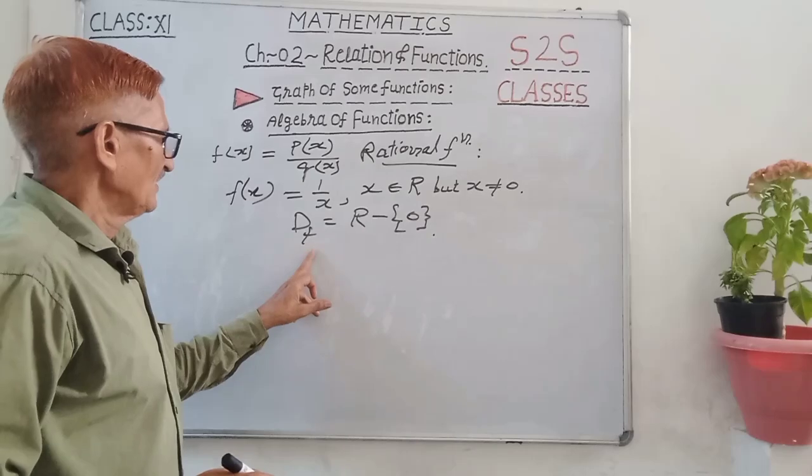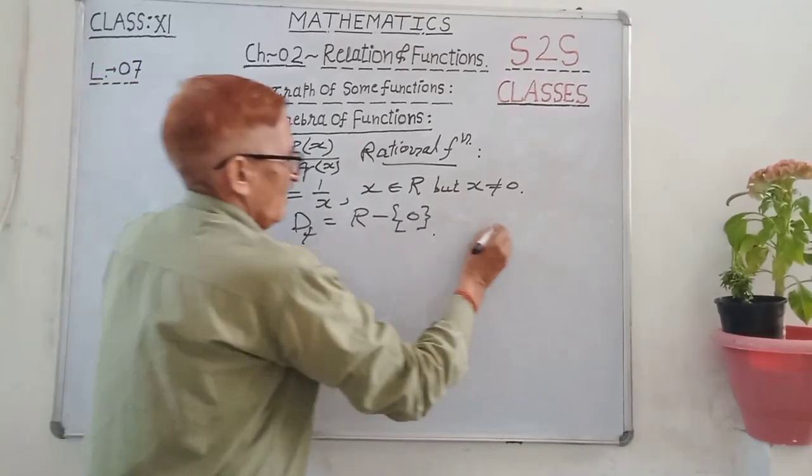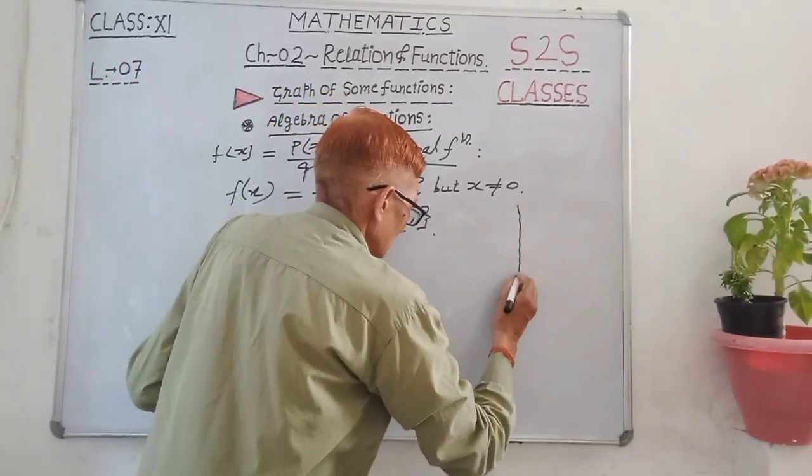This is the domain of this function. Now how can we draw the graph of this?